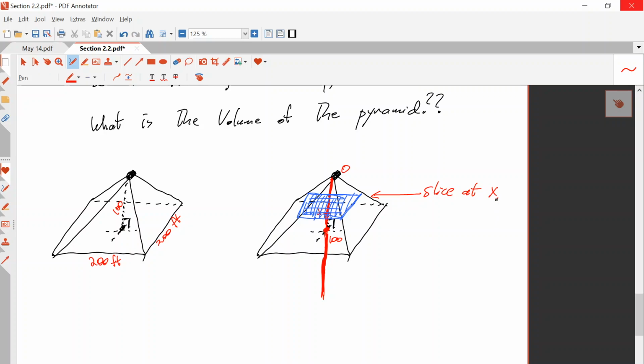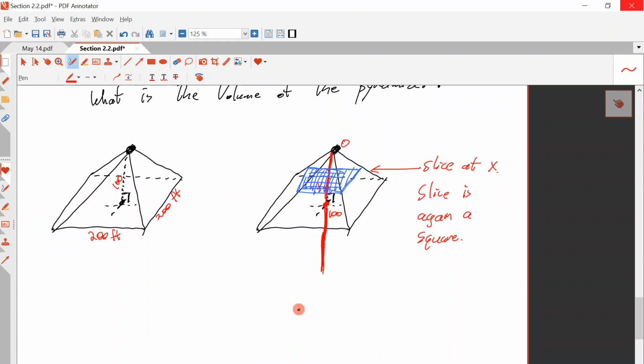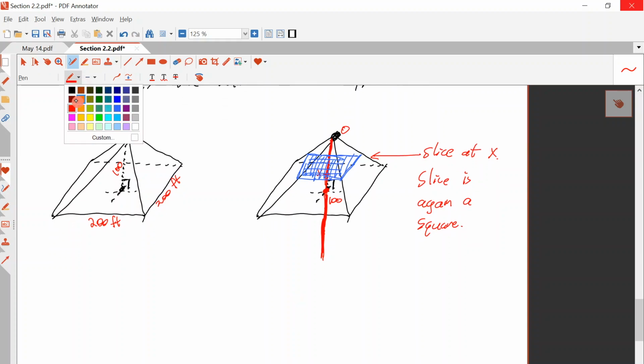Okay, and that slice is a square. We need to know what the side length of that square is. Okay, so let's take a look. Within this picture here, let me draw another one.